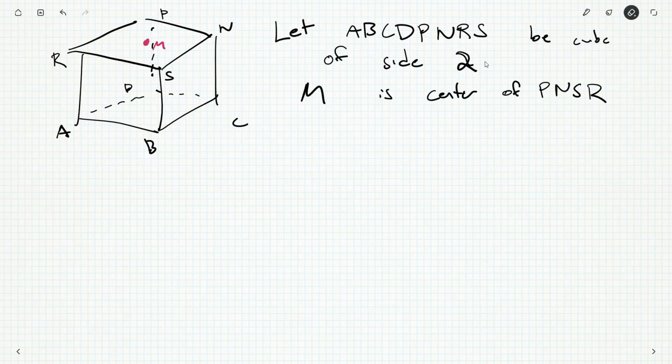Oh, I guess the order should be reversed, PNRS. And we'll change our picture so that it's reflective of going around clockwise. Okay. So now, what is the figure that... So we'll use red to actually denote the figure that we're talking about in the problem.